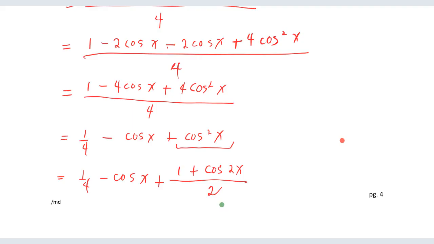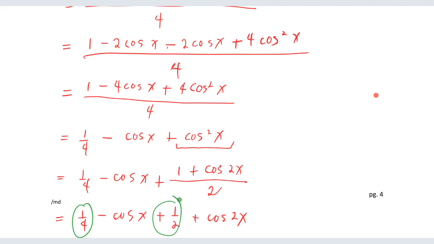So now we have 1/4 minus cosine x plus 1/2 plus cosine double angle. I will add the 1/4 and the 1/2. So 1/4 plus 1/2 is 3 over 4.